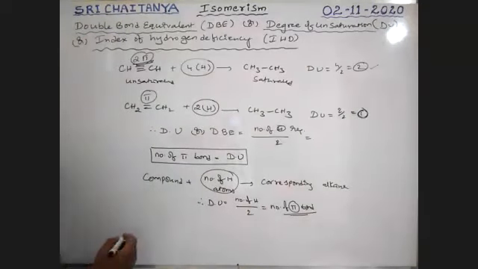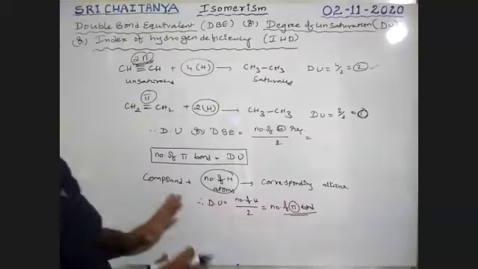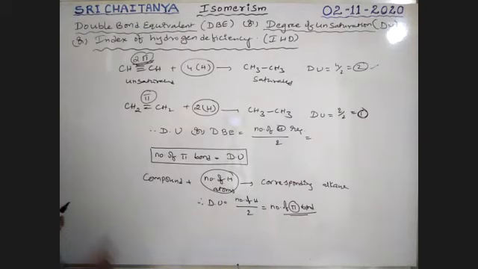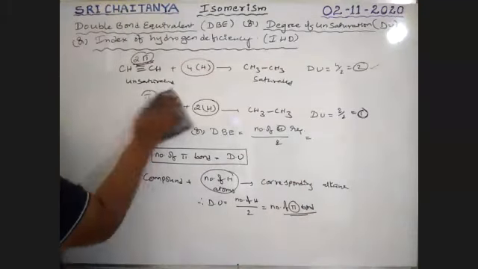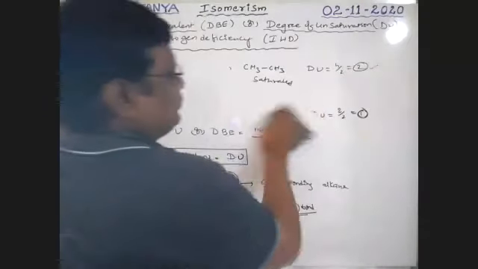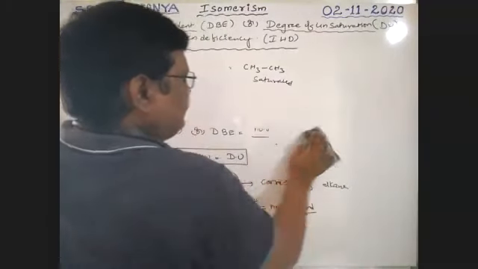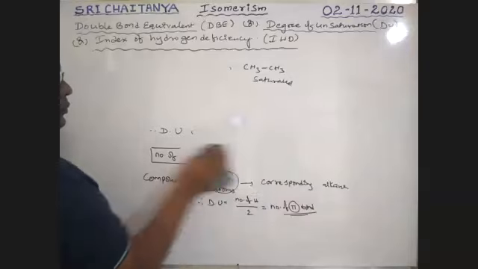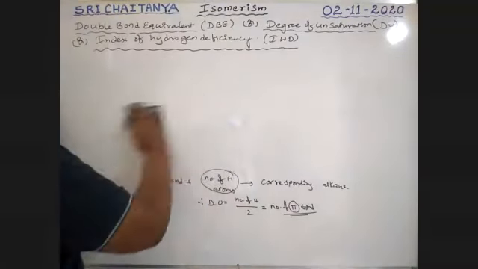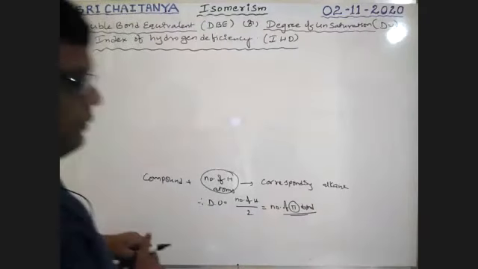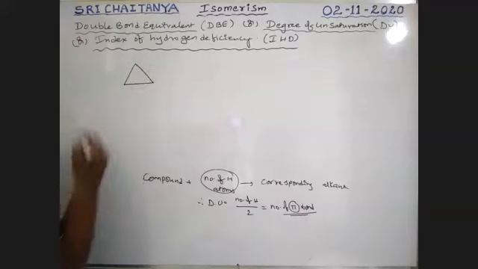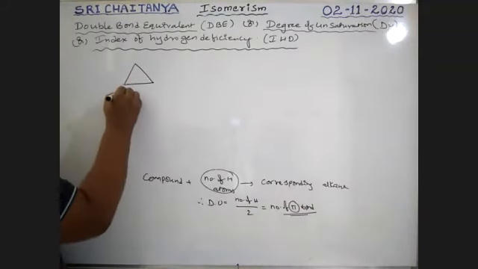Now, let us take one more example. It is an open chain compound. If I am taking a ring compound, so see here. For example, it is cyclopropane.